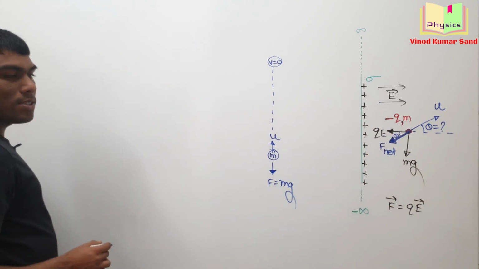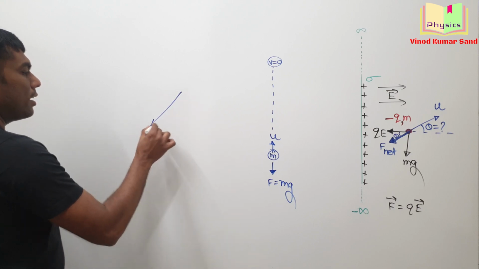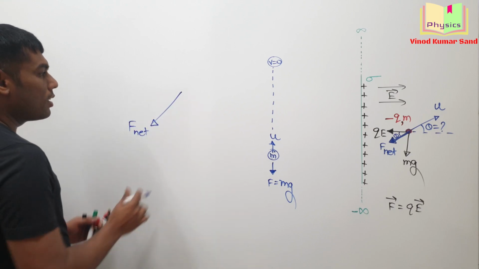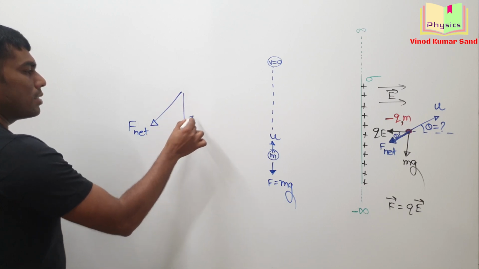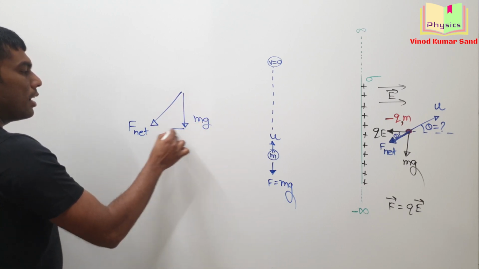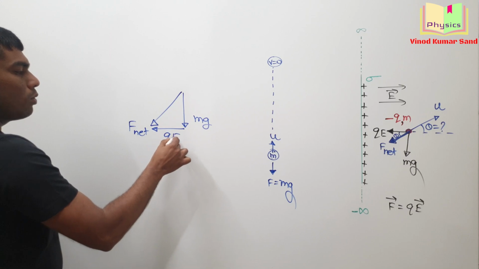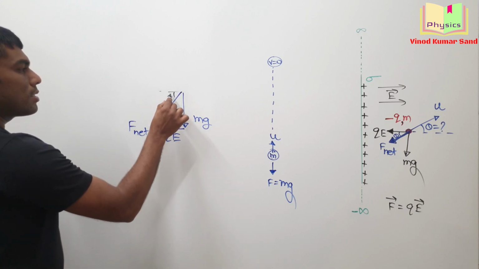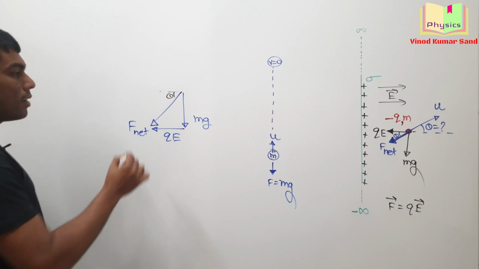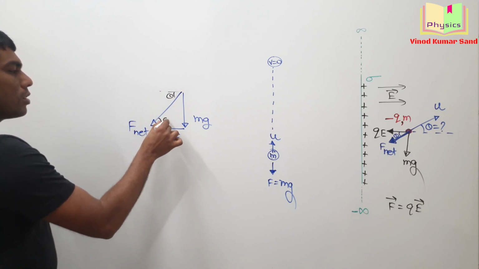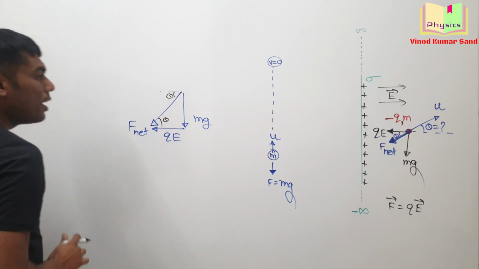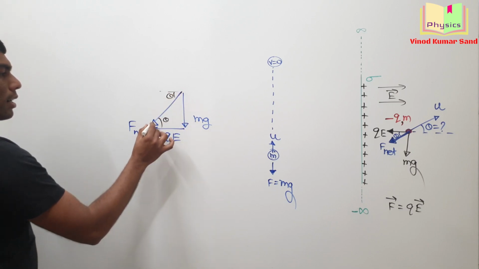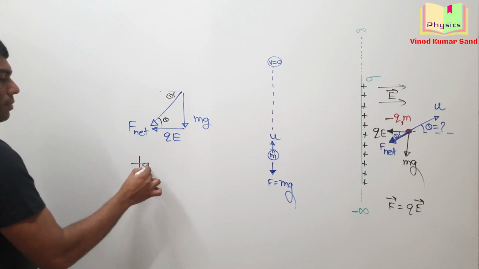Now we can consider a triangle. Here is the net force in this direction, the gravitational pull is in this direction mg, and the electric force QE was in this direction. Angle here has been taken as theta, and this angle is also theta. Do you agree? In this triangle we are taking up the tan theta.